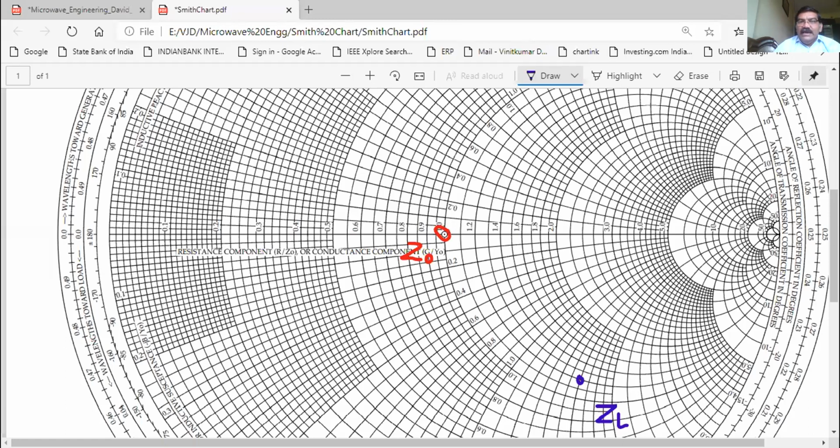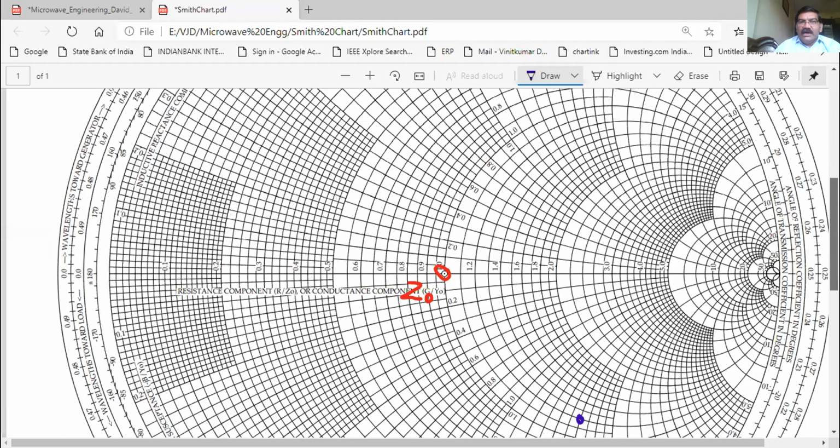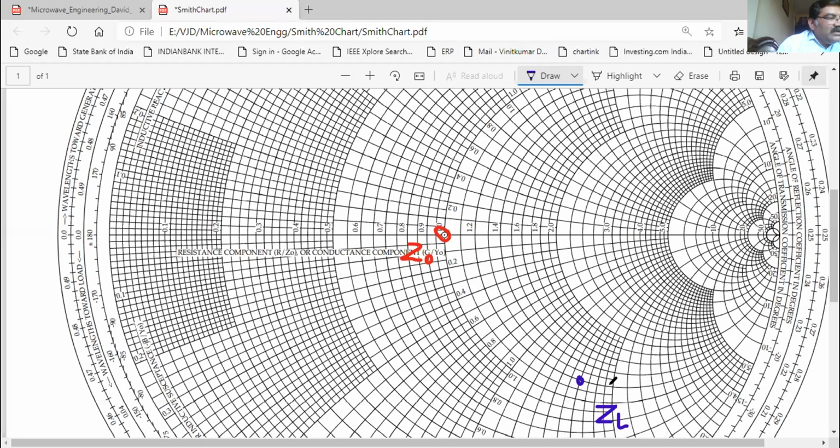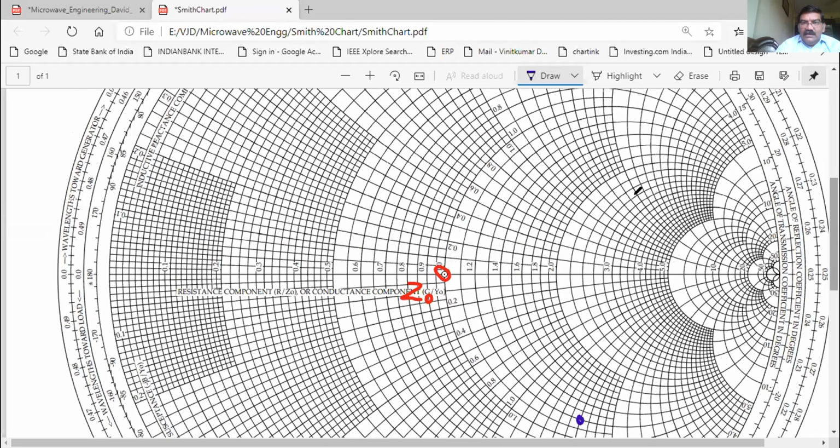Now this ZL has a real and an imaginary part. So what we are doing is converting this ZL to the YL. You just draw a line from here and extend it this way.